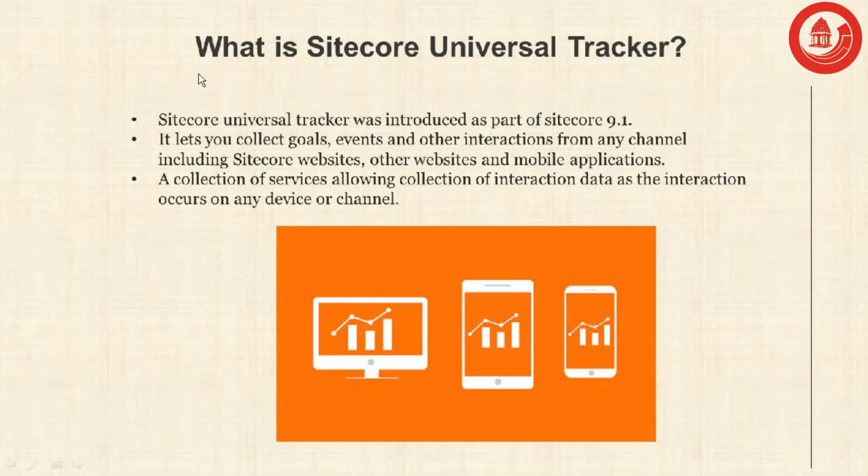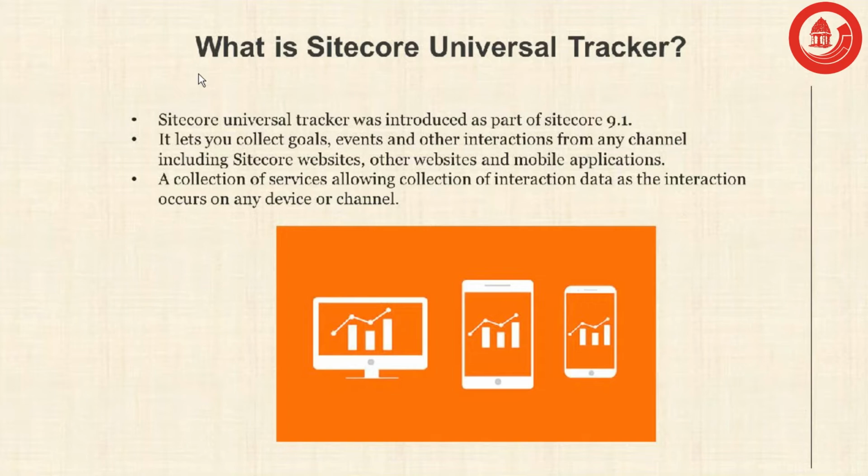Let us consider an example of a client having a desktop application on Sitecore and a mobile app on Xamarin. Prior to 9.1, there was no way where he could track events on his Xamarin app or mobile app. But with Universal Tracker, he can track events on his Xamarin app as well as on the Sitecore desktop site.